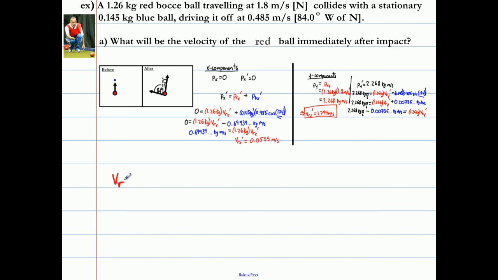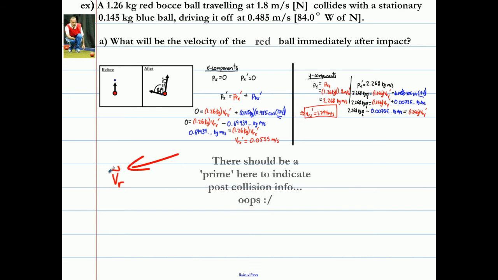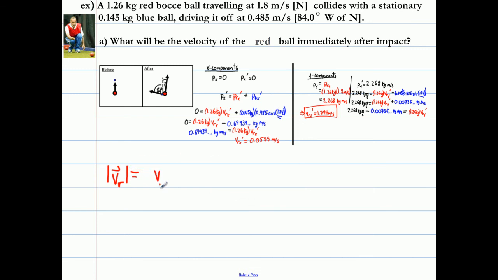So now that we have the x and y components of the red ball's velocity after the collision, we can find out the magnitude of the red ball's velocity after the collision. So we use Pythagoras theorem. Take the x component of the red ball's velocity, square it, add the y component of the red ball's velocity, square that, and then square root it.